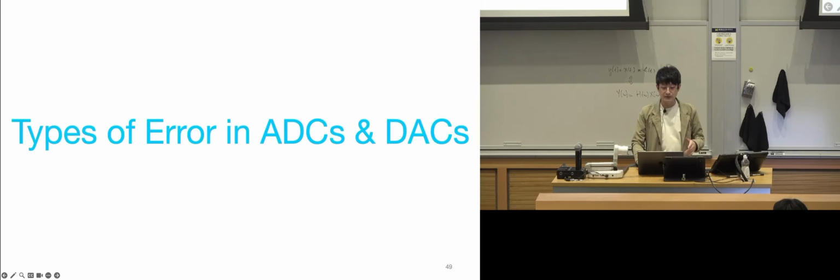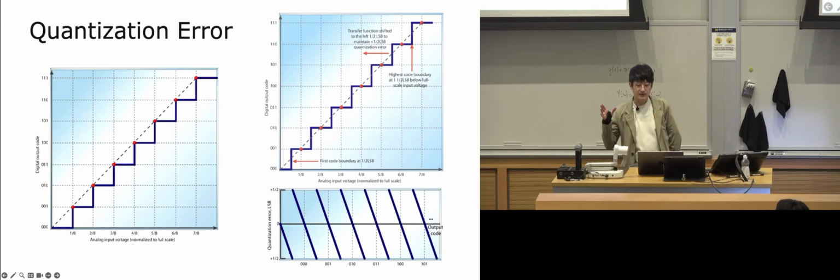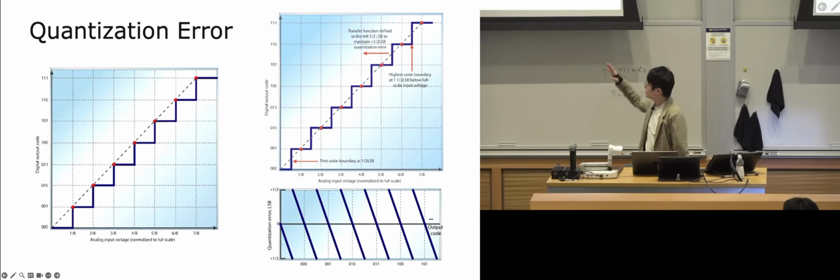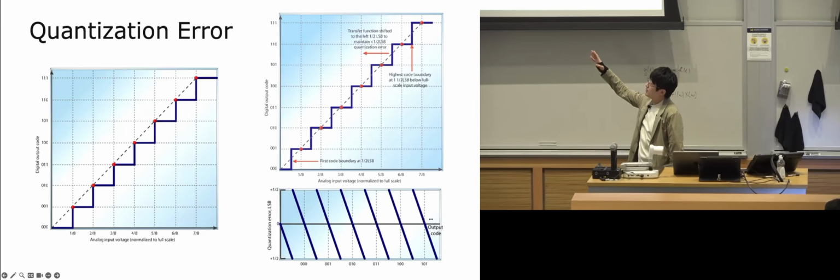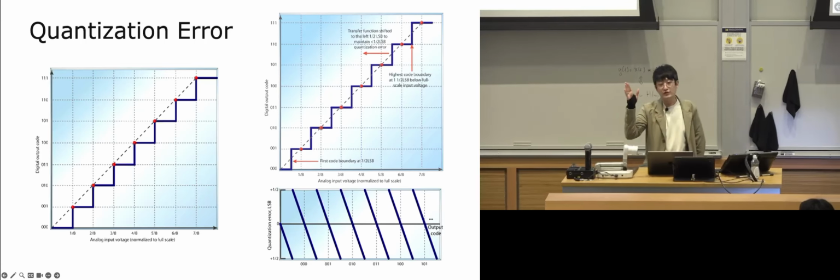And the types of errors, or common errors, in ADCs and DACs. We have the common ones we will introduce. First is the quantization error. We talked about this in the DACs. Basically, you can think of it as the least significant bit being noise or uncertain. This is based on hardware limitations, because you need to output one value, right?